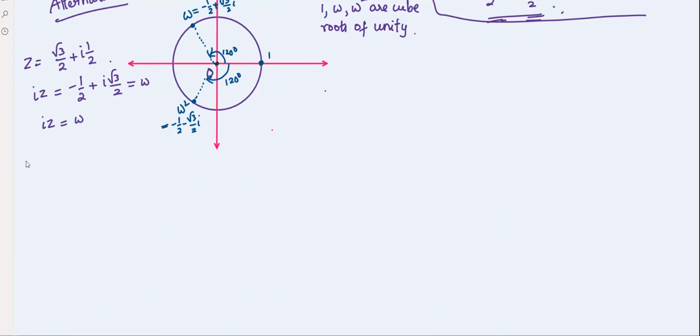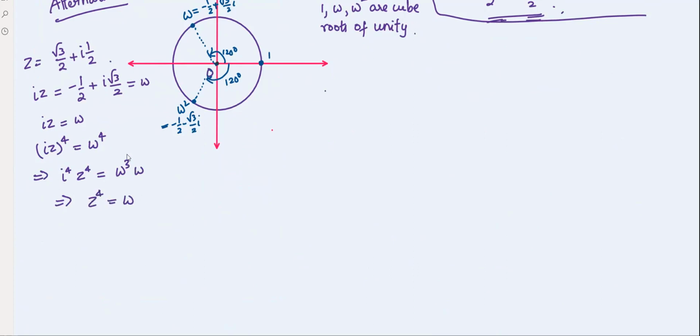So what I do, I times z whole power 4 is omega power 4. I get I power 4 is 1 and z power 4. I write omega cube times omega. So z power 4 is omega.